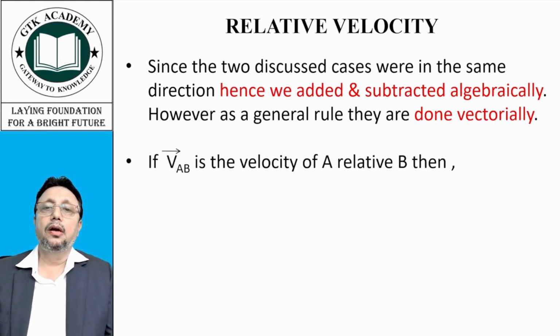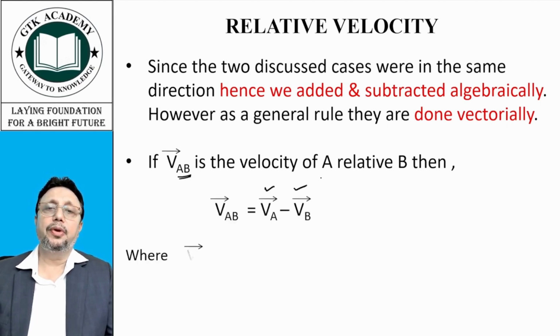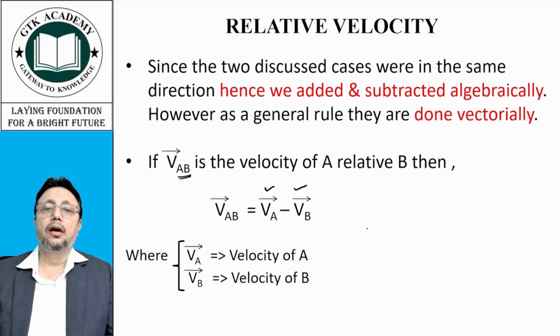So VAB, velocity of A relative to B, is equal to VA minus VB, where VA is the velocity of A, VB is the velocity of B. So you have to remember this equation.